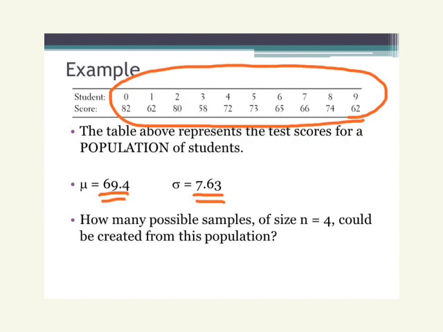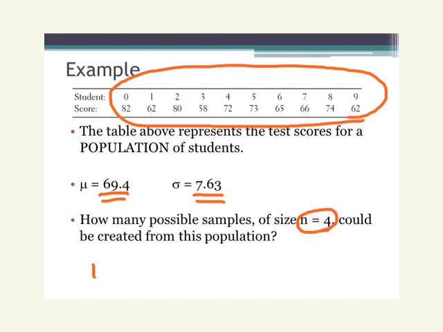Now, what I want us to consider, to give a concrete example of this idea of a sampling distribution, is how many possible samples we could create from this population if we were going to select 4 test scores at a time. This would be really easy for us to figure out. This is just a combination problem.